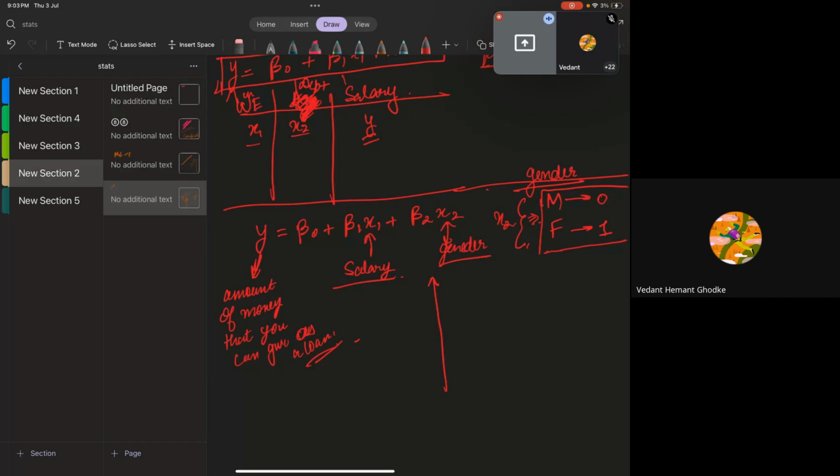Why do you think it's not? Because this is coming out to be a straight line. How can it be a straight line? Beta 2 is going to be fixed after some iterations. How are you even solving it without data?